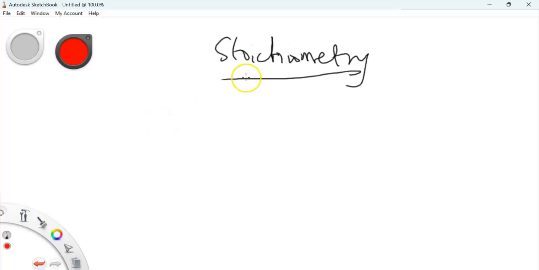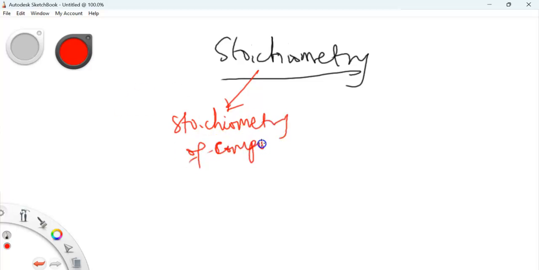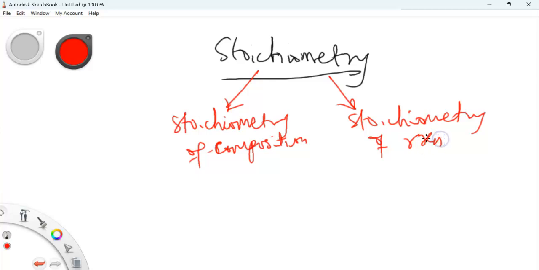The second aspect is stoichiometry of reaction. So what does each one mean?